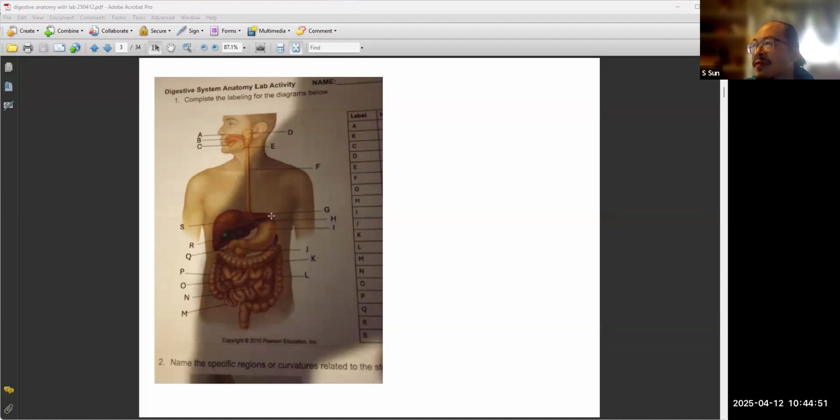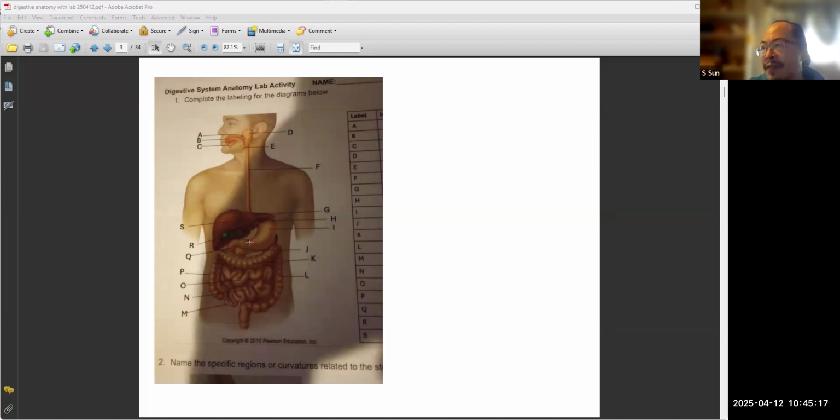Then going down here, you are looking at E, F, G. You're looking at the liver. The liver has different parts. So we are looking at the right lobe, left lobe, and this is the separation of the right and the left.